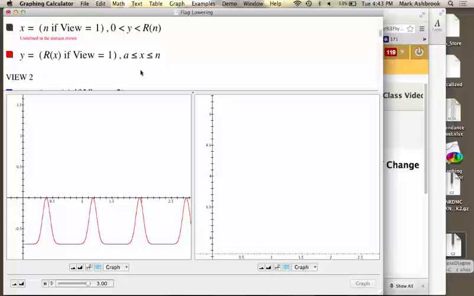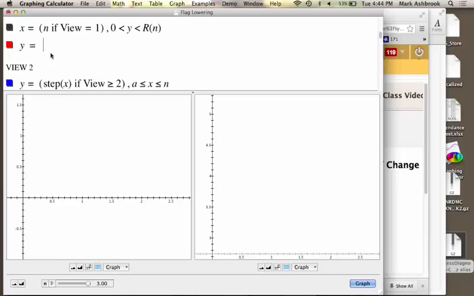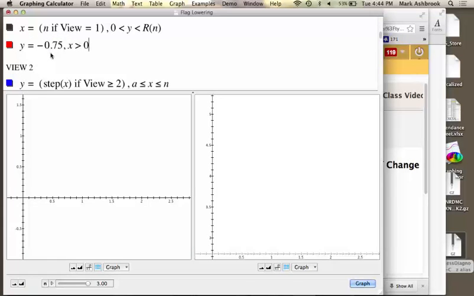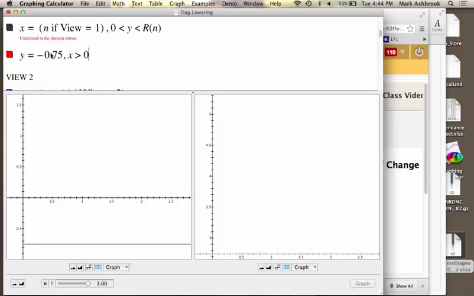This was the unrealistic version of the flag lowering, right? The soldier is pulling down, but he's able to maintain this exact steady rate of negative 0.75 meters per second. And we said really, that's unrealistic.